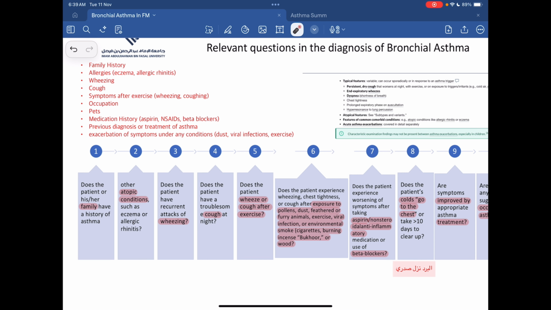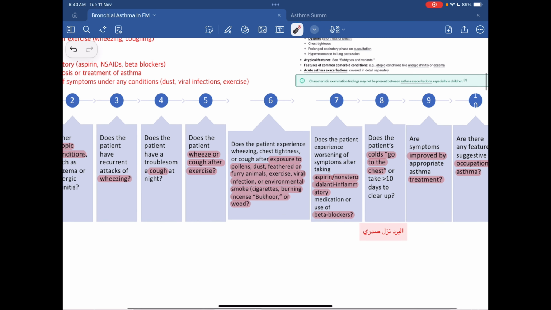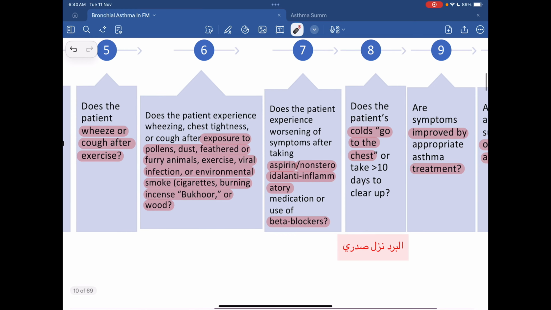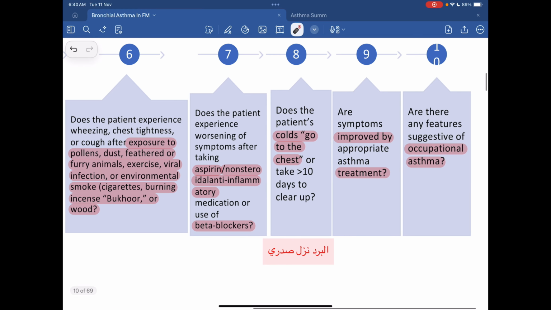Previous diagnosis or treatment of asthma and exacerbation of symptoms under any special conditions مثلا في غبار برا موسم انفلونزا سويت رياضة. Exposure to environmental smoke, cigarettes, burning, بخور أو حرق أي خشب أو فحم.